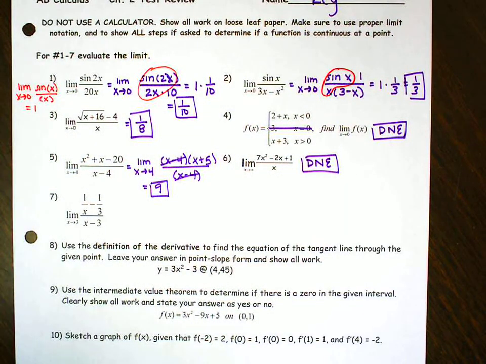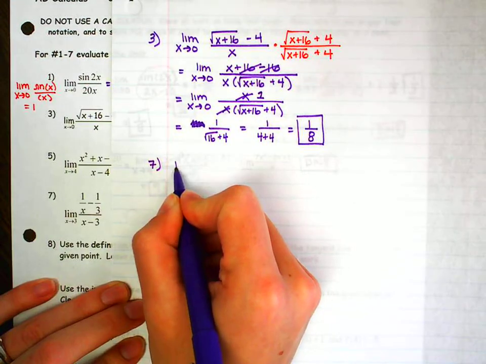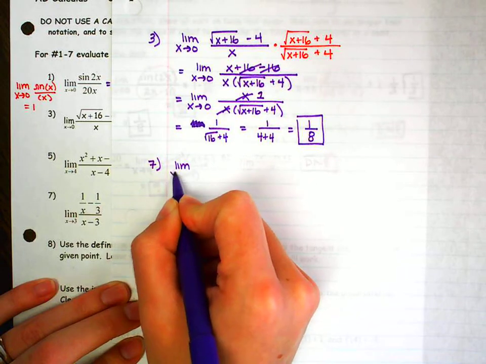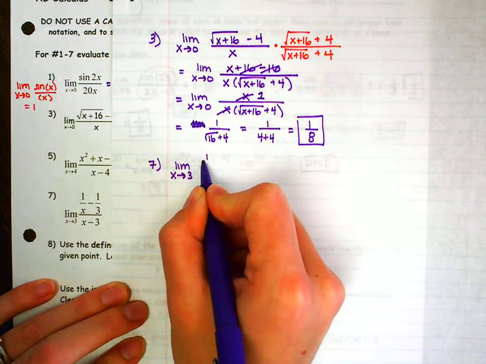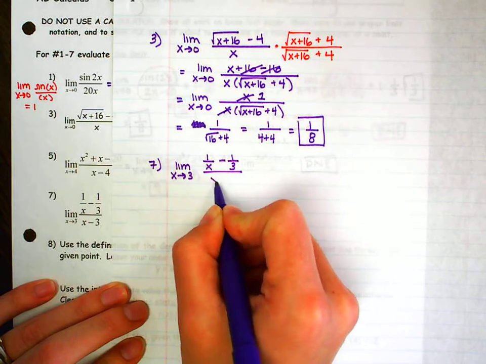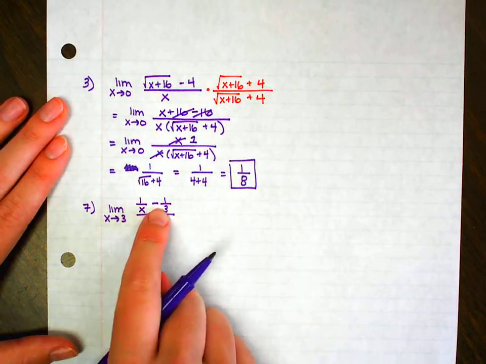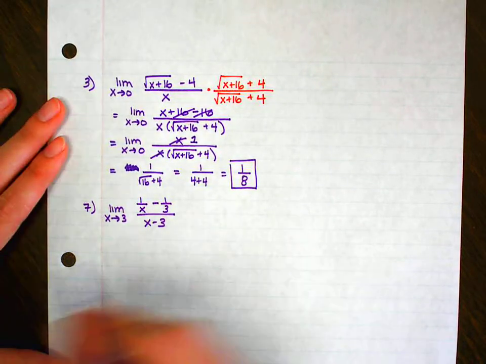Okay, number 7, I'm definitely going to want more space for. So let me just start by writing down. The first thing I want to do is get a common denominator for the numerator.